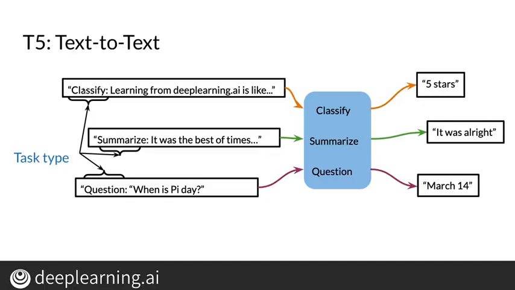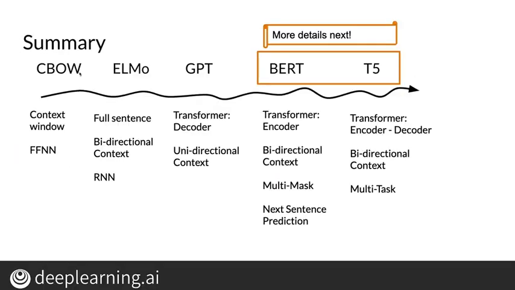So in summary, you've seen the continuous bag of words model, which makes use of a fixed context window. You've seen ELMo, which makes use of a bidirectional LSTM. You've seen GPT, which is just a decoder stack, and you can see it's unidirectional in context.